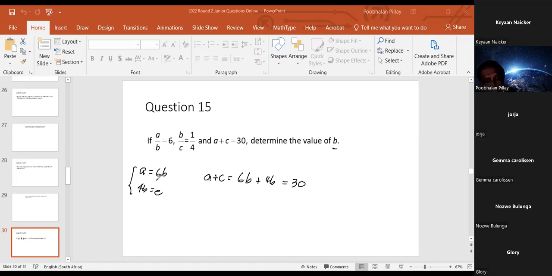So I calculate A plus C from my two equations, and now you've got a simple equation: 10B is equal to 30. So B must be 3. That's exactly what we wanted: determine the value of B. So the answer to question 15 is that the value of B is 3.